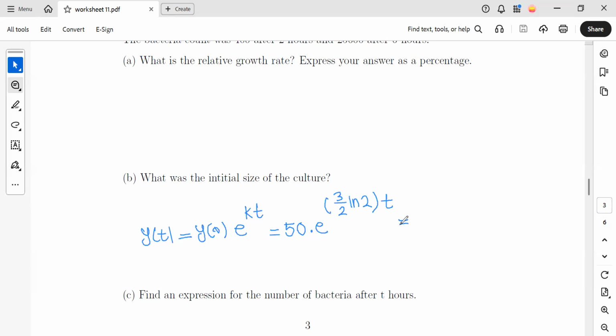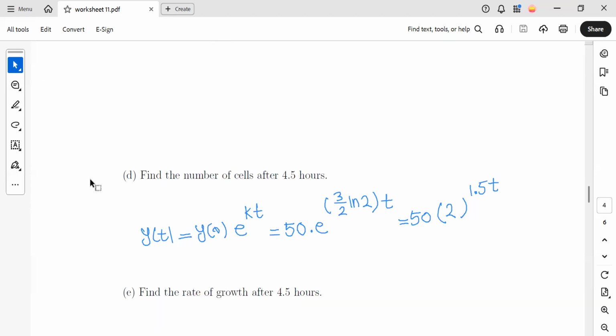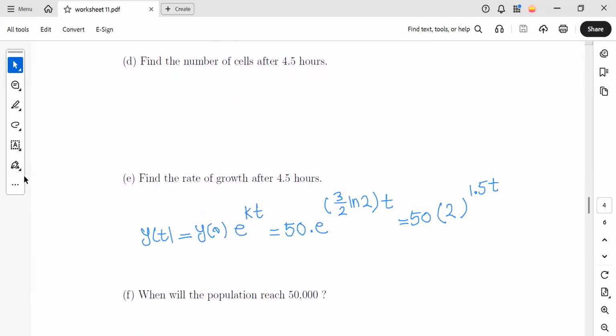So altogether, we will have 50, and we can use the formula to get 2 to the power 1.5 t. So this is the model. Using this model or expression, for the next part, we are going to find the number of cells. So let's move on to part D.